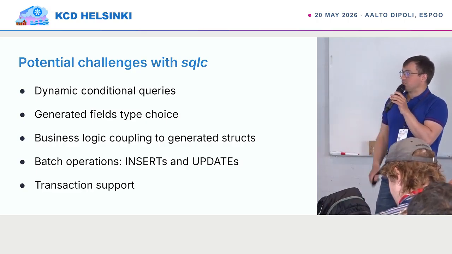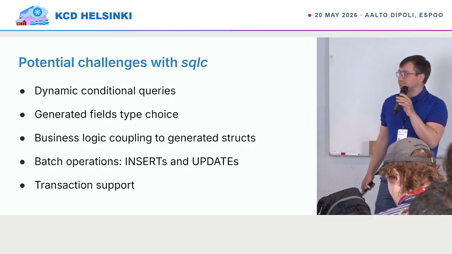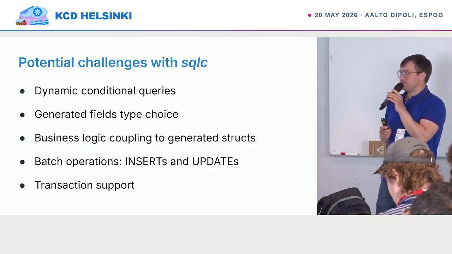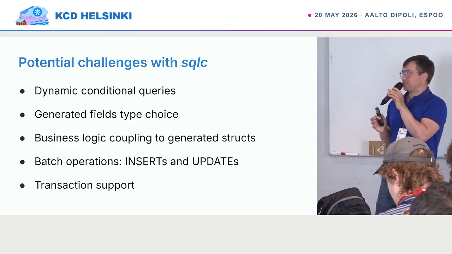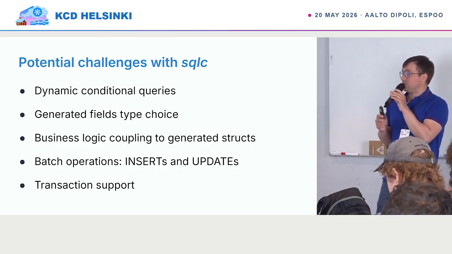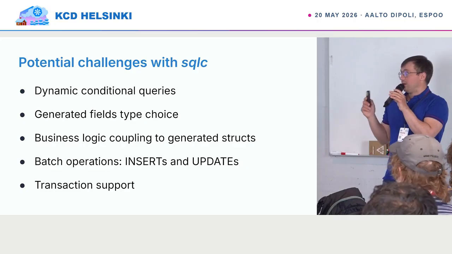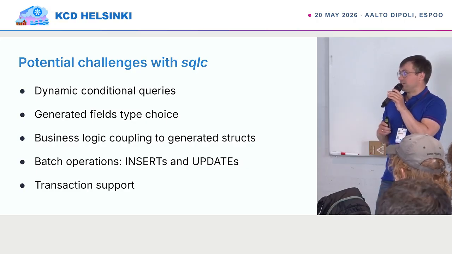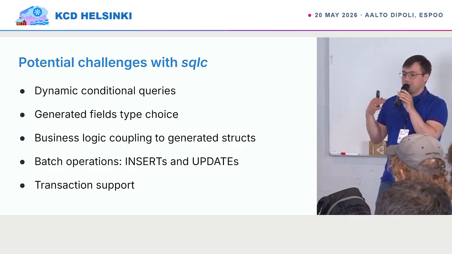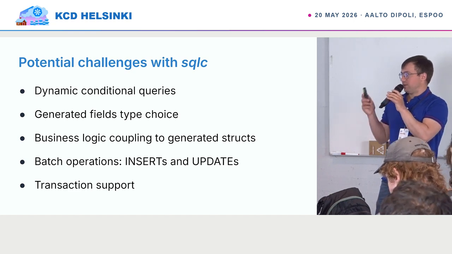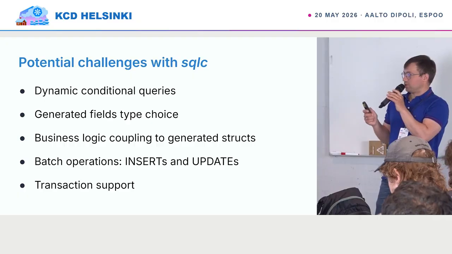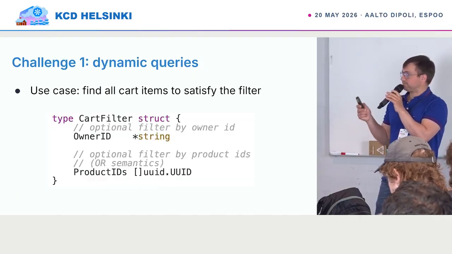Another challenge is that people might use sqlc, but then create business logic which is tightly coupled to the generated structs, and that should be avoided. And also batch operations, like inserting a lot of data, are actually supported by sqlc, and I'm going to show that, and transaction support.